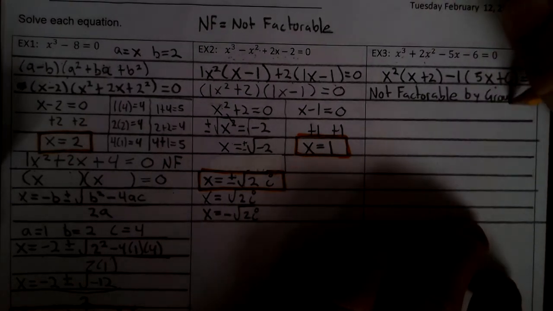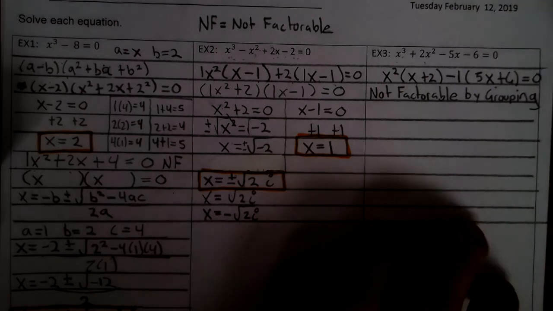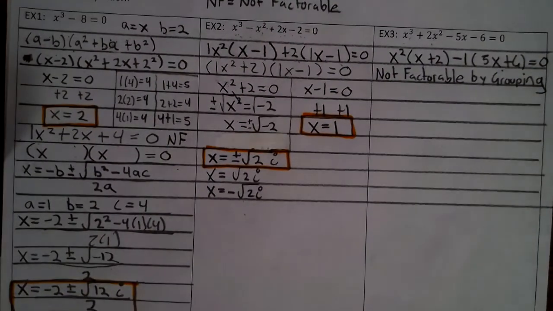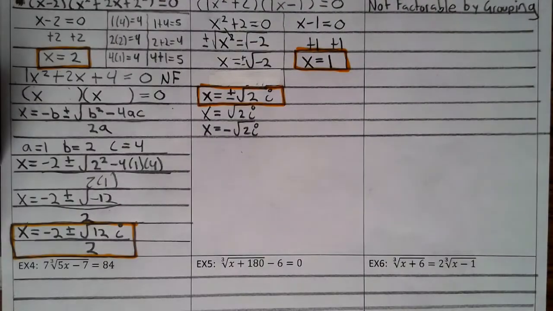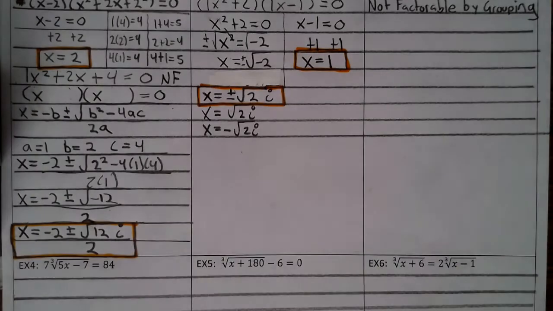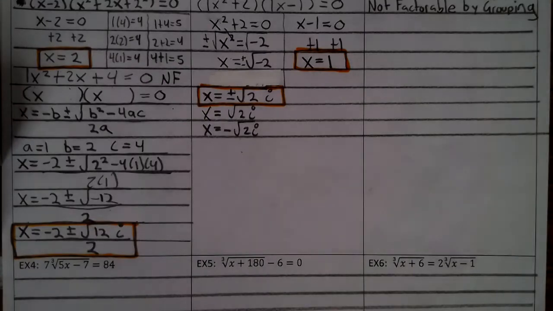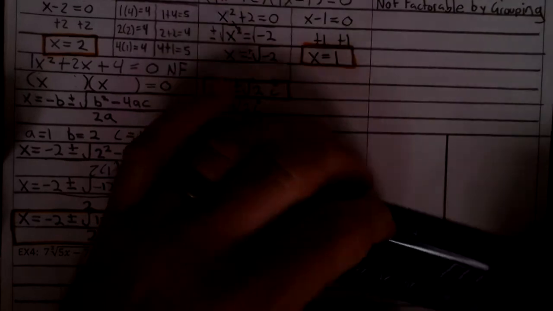So when that happens, you need to graph. So let's come down here and graph. So you need to draw an X and Y axis. So to graph that, we're going to use our calculator that I just dropped on the floor.